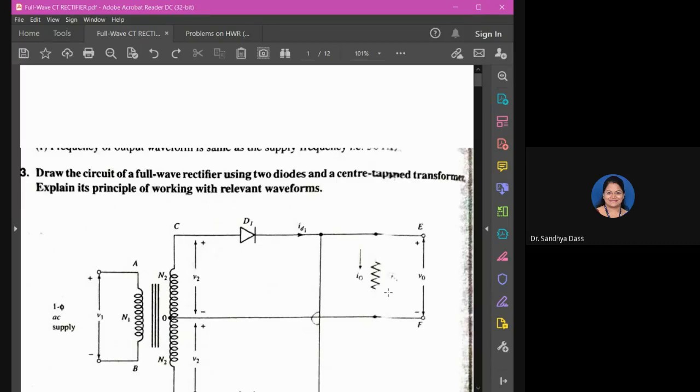So using 2 or more diodes in the circuit and arranging them in such a way that you get output from both positive and negative half cycles, that is the circuit you can imagine for a full wave rectifier.